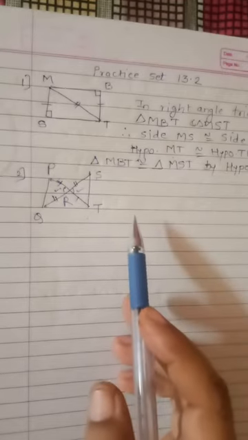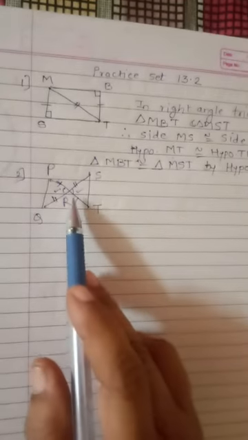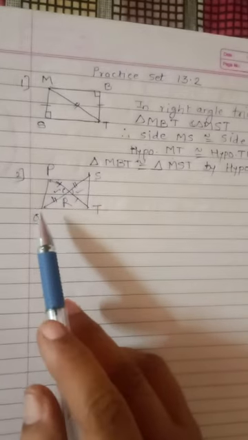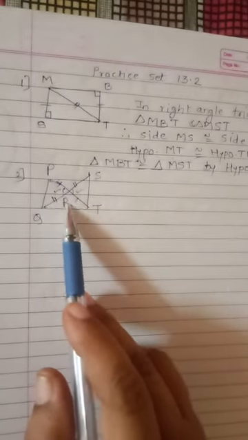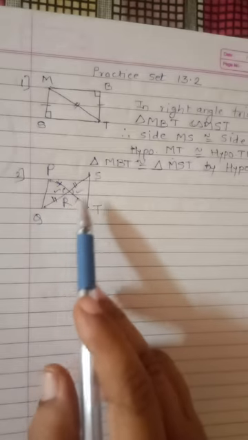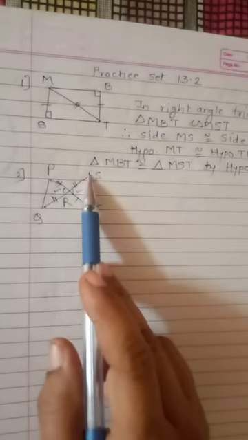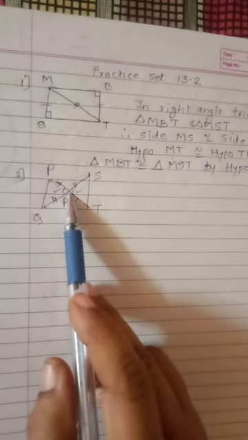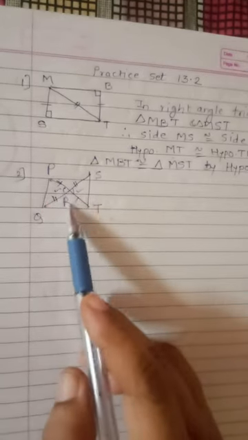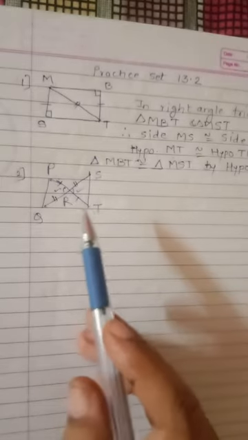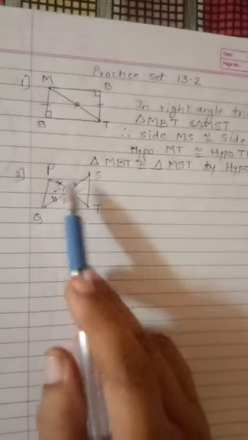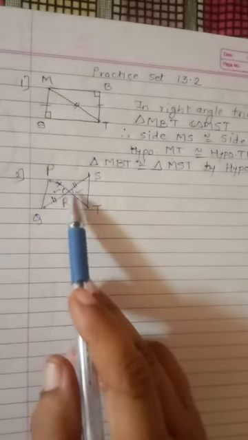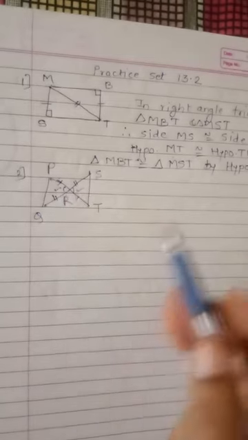Side PQ is congruent to TS, angle RPQ is congruent to RTS, and angle PQR is congruent to angle TSR. These are the remaining parts which are congruent, and the other congruent parts are given in the figure by equal signs.